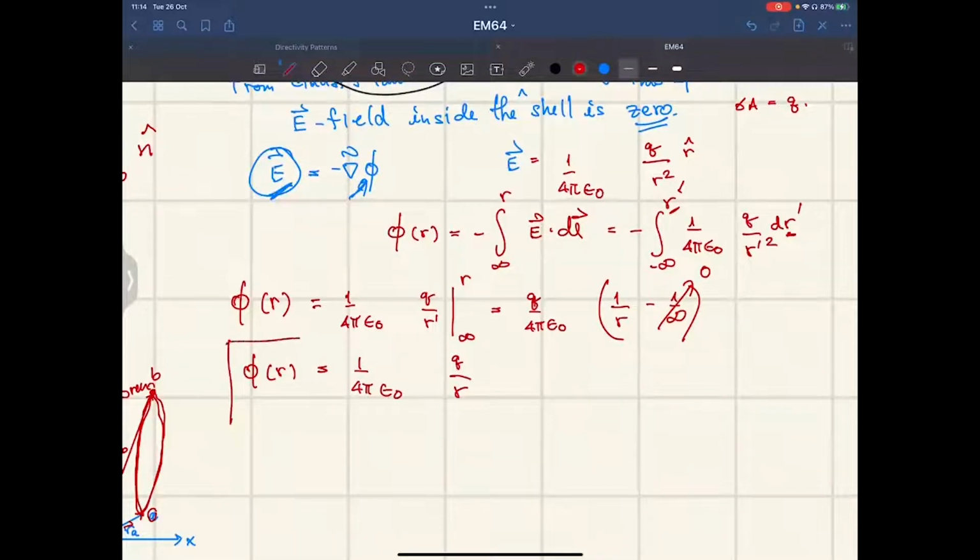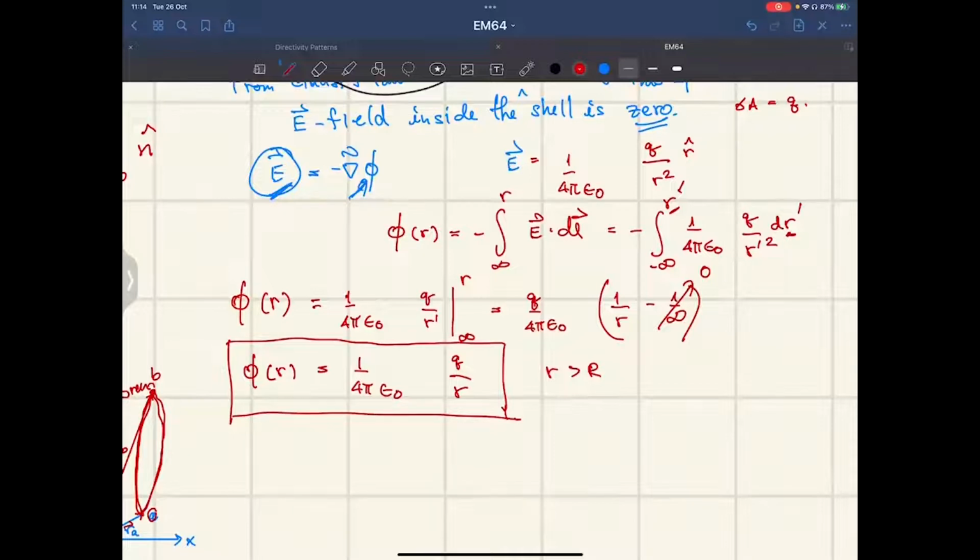This is the potential of this sphere where r is greater than the radius of the sphere. Any questions?